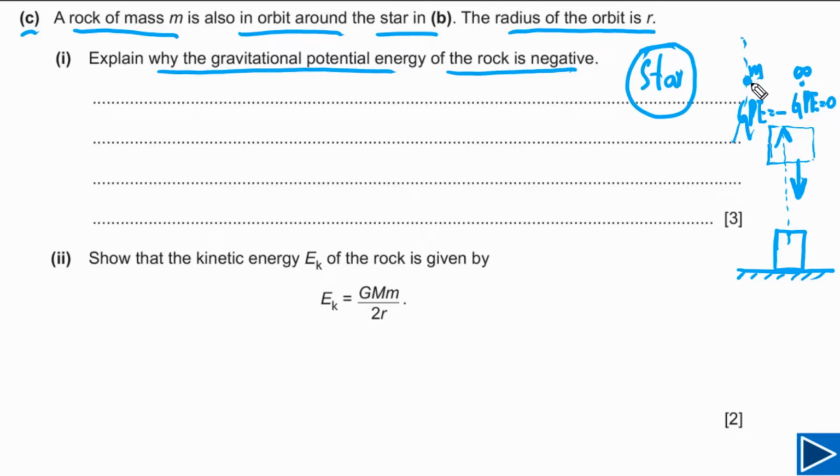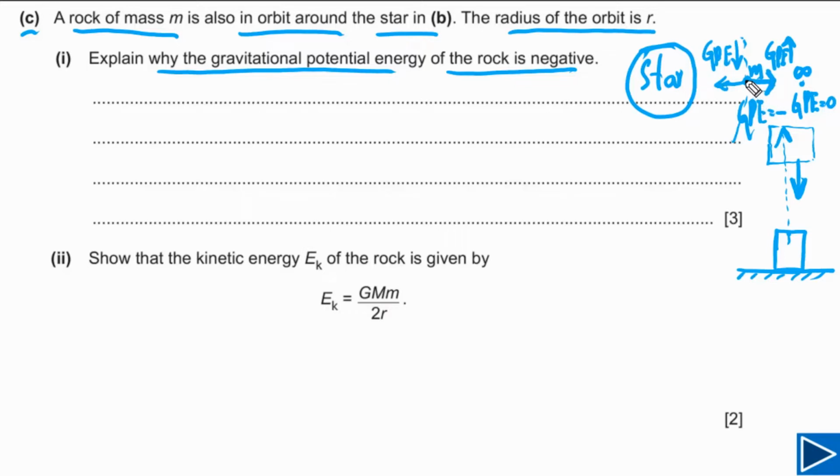So simply what I'm saying is that if we move this object this way, the GPE of this rock will decrease. But if we move this rock away from the star, the gravitational potential energy of this rock will increase, because if we move away, we will do work against gravity, and that becomes the GPE of this object.